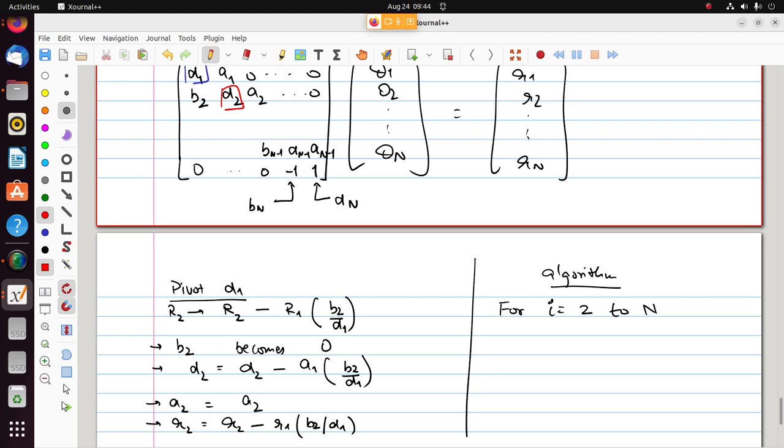So the D2 has gotten modified. Now with this modified D2 as a pivot, I will make a change in row number 3 now. So we start with change in row number 2. That's the reason index I starts from 2, and then it goes all the way to a change in row number n. So the first thing we do is see the B2, B3 and so on, they'll all become 0.